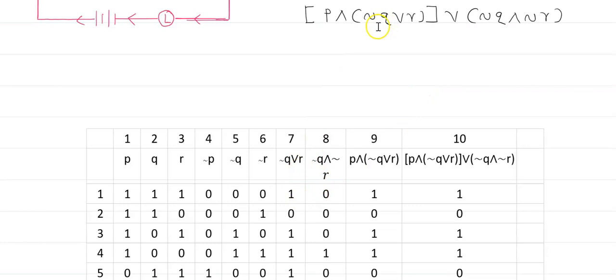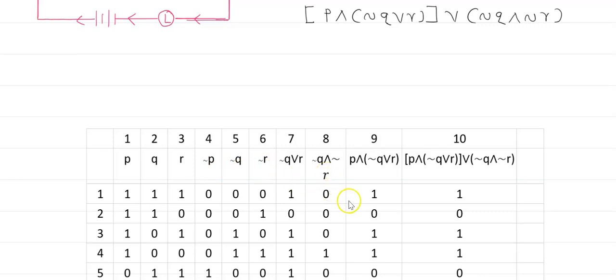And then we perform column number 9, which is P and negation of Q or R. That is the AND between column number 1 and column number 7. Next is negation of Q and negation of R, that is the AND statement between column number 5 and 6, which is column number 8.